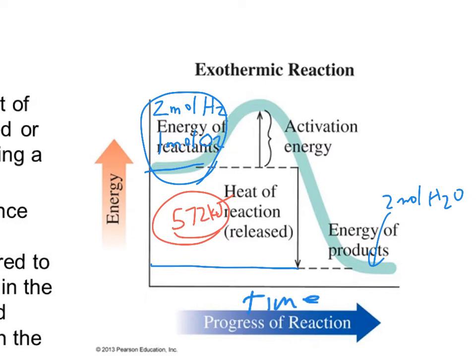All right, so we now know why we have these two lines, and we know that the difference between them is equal to the heat of reaction released. But what about this area here? What about this little hump? When I burst the balloon, in order to get the reaction to occur, what did I do? I used a match, right? That match provided what's known as activation energy.